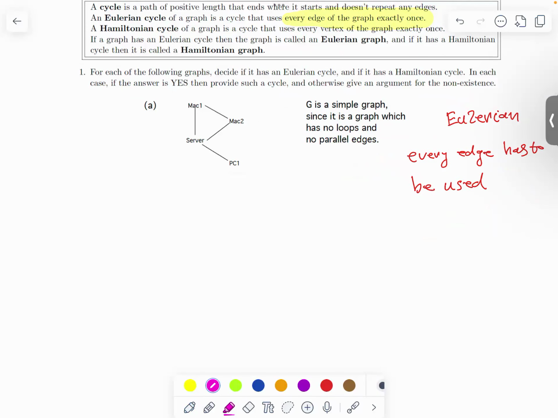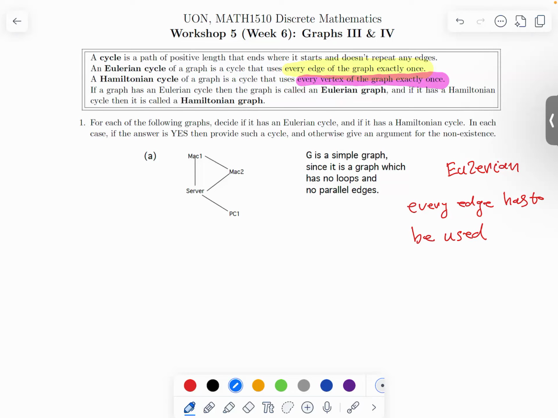So you might have one cycle in your graph, but if you use all edges, then it's Eulerian. If you use all vertices, then it's Hamiltonian. It's possible for a graph to be both Hamiltonian and Eulerian.